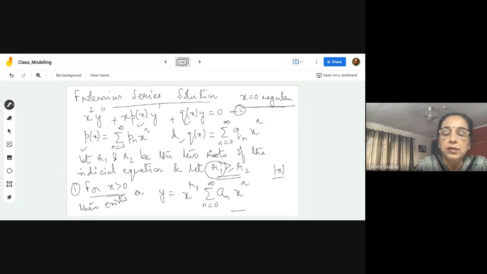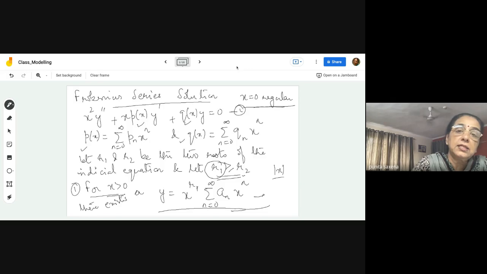So one thing is clear from here: if r1 and r2 are the two roots, then corresponding to the larger root, we definitely have a power series solution of this form. This series itself is called a Frobenius series. So for the larger root, this is definitely going to exist.